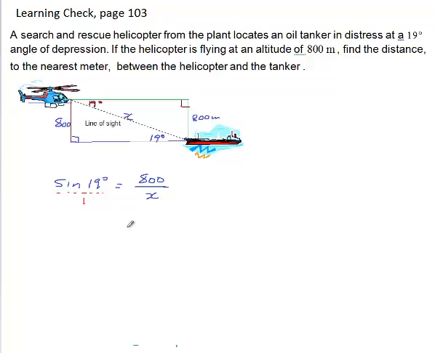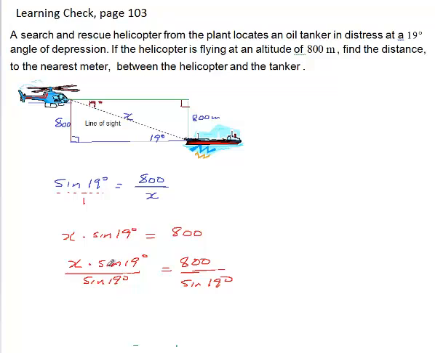So put this over 1, cross multiply: x times sine of 19 equals 1 times 800, which is 800. Now of course divide each side by the sine of 19 degrees, and that isolates the x, doesn't it?